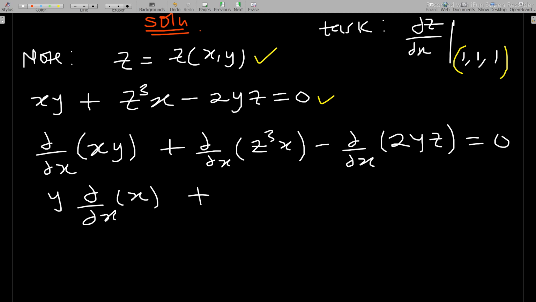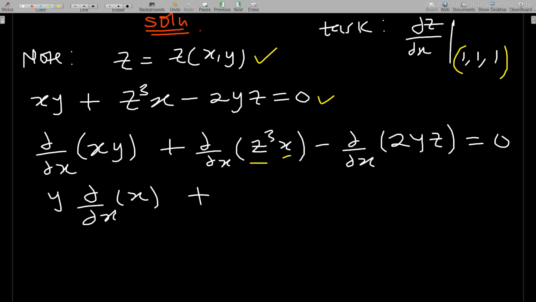Now with this, since z is a function of x and it's multiplying another function of x, which is x, here we have two functions. We have z cube. Z is a function of x. I hope you get what I'm trying to do. Z is a function of x here. That is one function, and we have x, which is also a function of x. I hope we understand this.